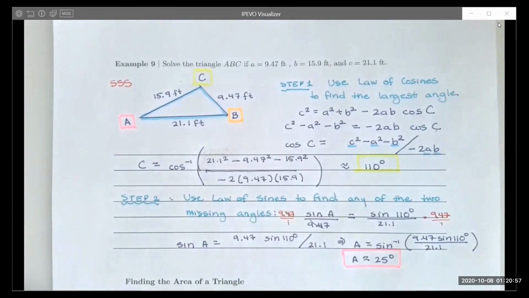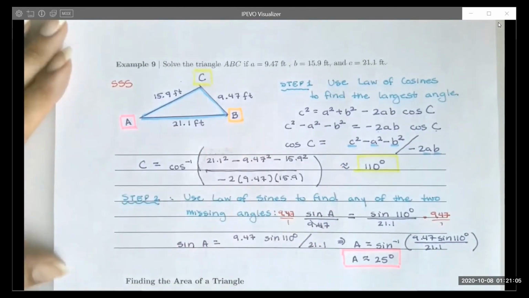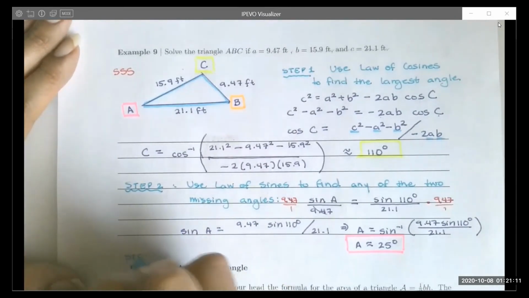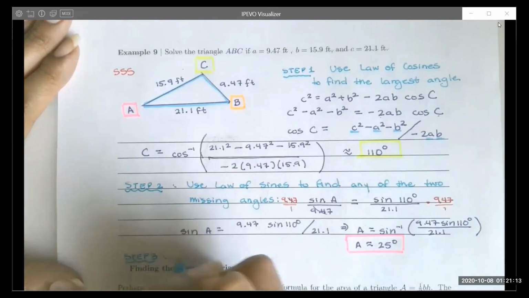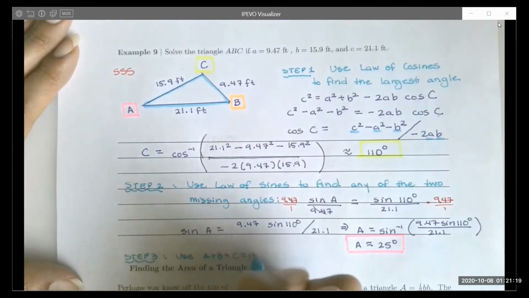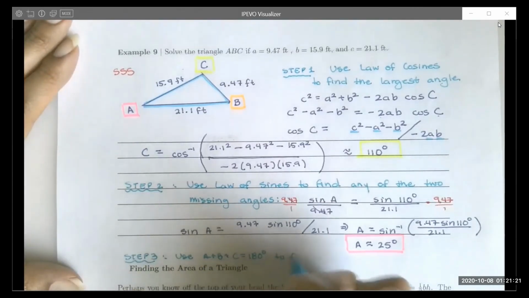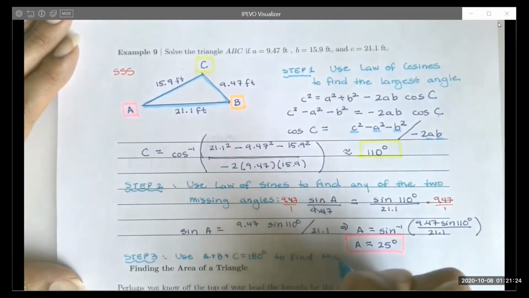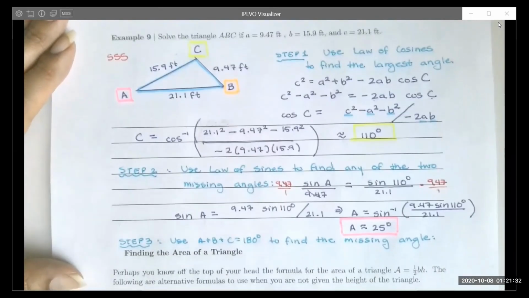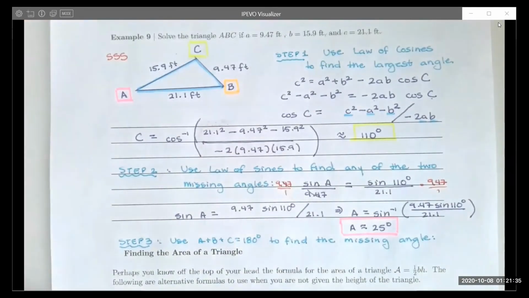So again, we have just one angle left to find, that's angle B. And at this point, since we have both C and A, we can use triangle angle sum theorem to help us find that last angle. So step 3, use A plus B plus C, which is triangle angle sum theorem, equals 180 to find the missing angle. I'm running out of space, so I'm going to write it on a sticky note.